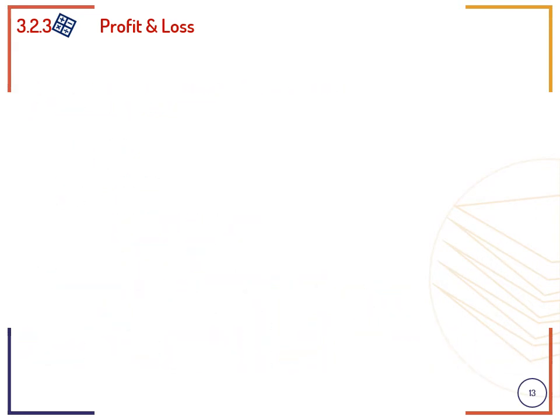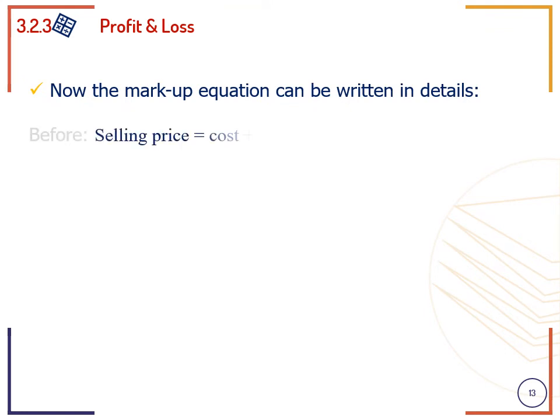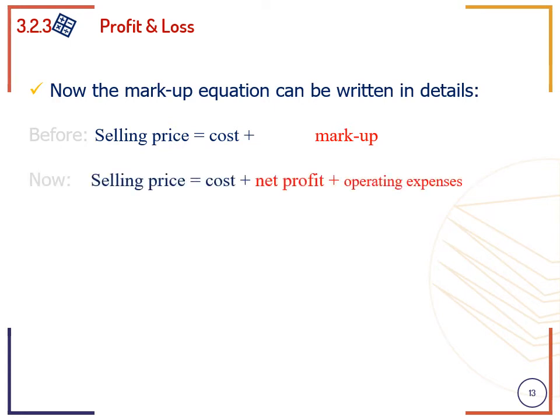The markup equation, selling price equal to cost plus markup, can be expressed as follows. Selling price equal to cost plus net profit plus operating expenses, or in abbreviation, SP equal to C plus NP plus OE.